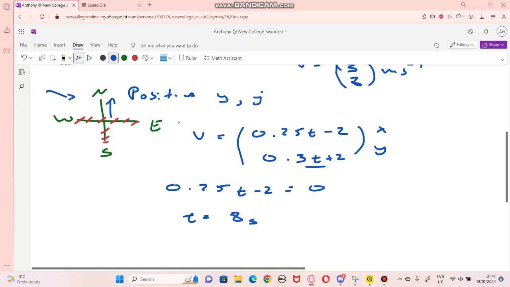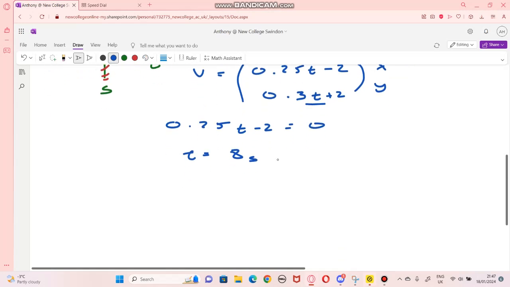It will only be a positive north direction. We plug that in to get v equal to 0 up top, and 8 times 0.3 plus 2, which gives us 4.4. So that's our velocity.